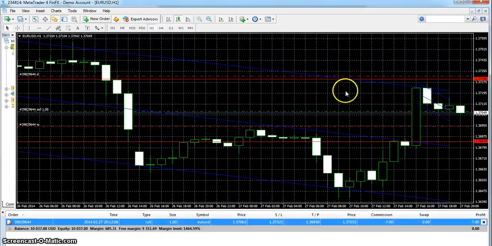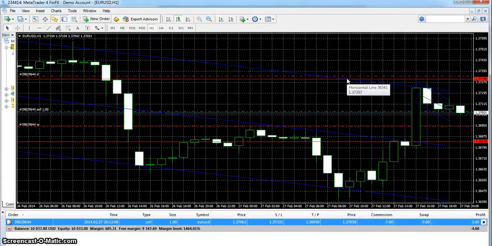So now that I have my take profit and my stop loss in, I can walk away from my computer, and as soon as the market hits my take profit, it'll take me out, or vice versa. If the market goes in the complete opposite direction for whatever reason, then I've got my stop loss in place to protect myself, and I can live to trade another day.